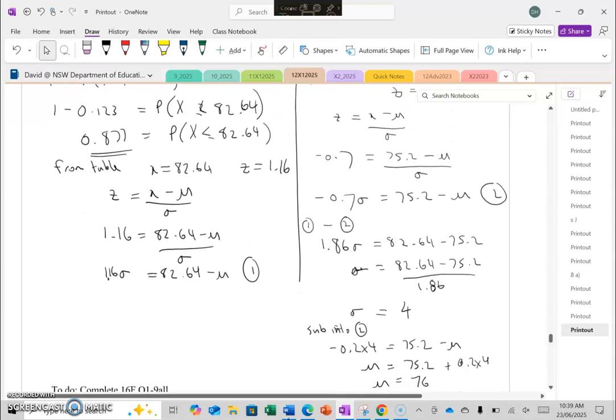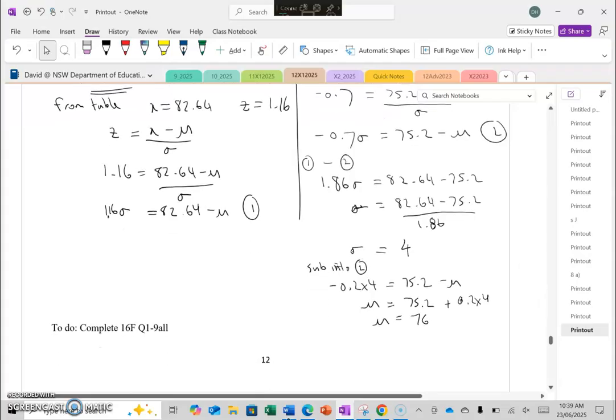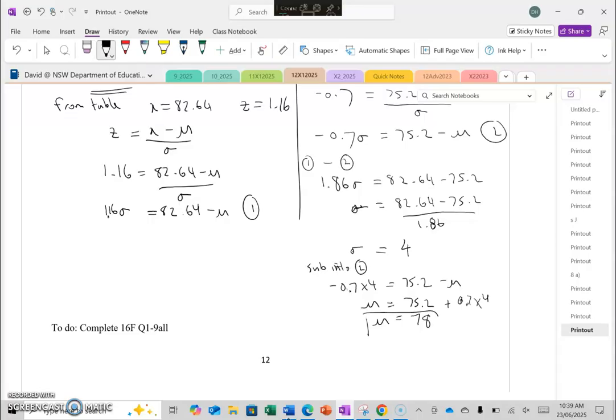The answer is still 4. And then that'll just change this answer to 0.7 there. And that changes the mean to 78. Sorry about that. Okay, fixed it up. So the mean is 78 and the standard deviation is 4. The numbers worked out nicely.